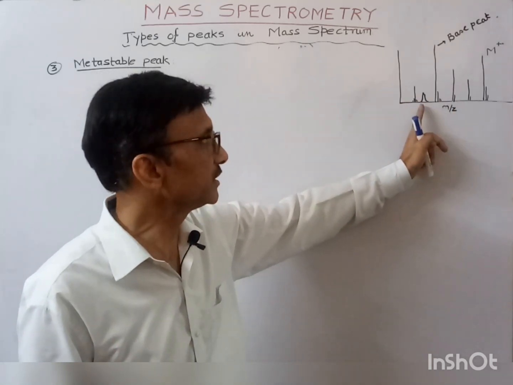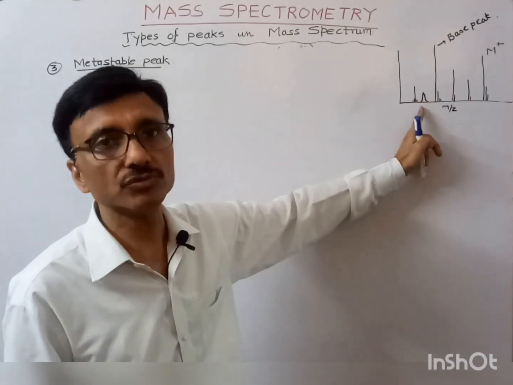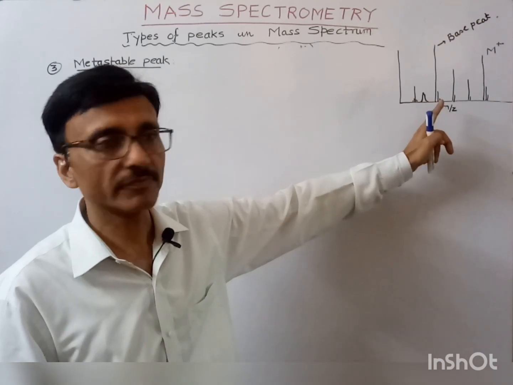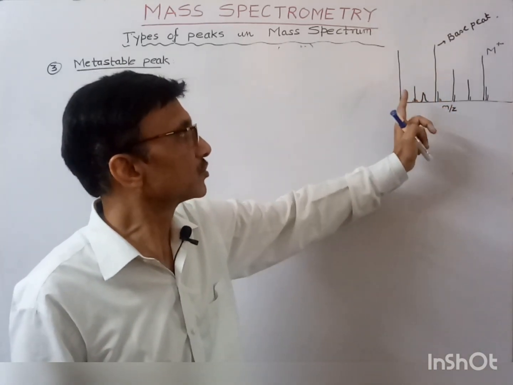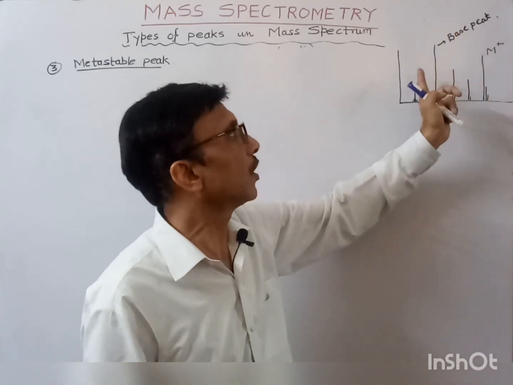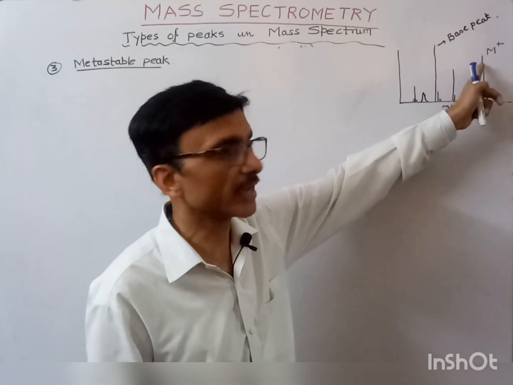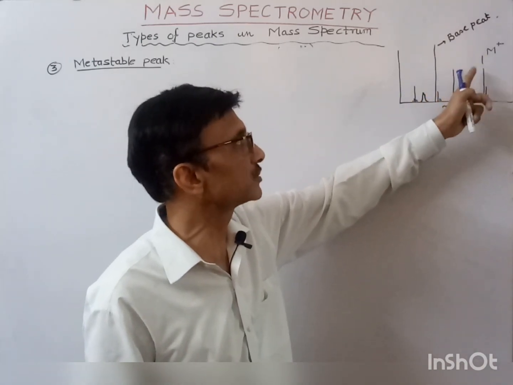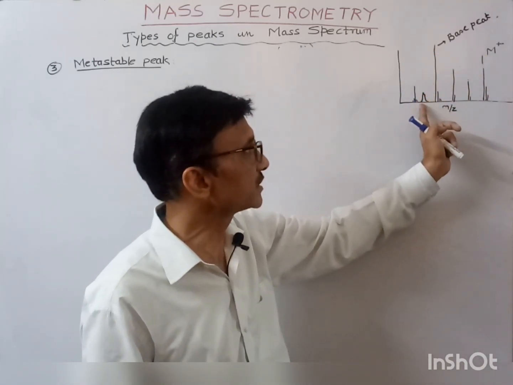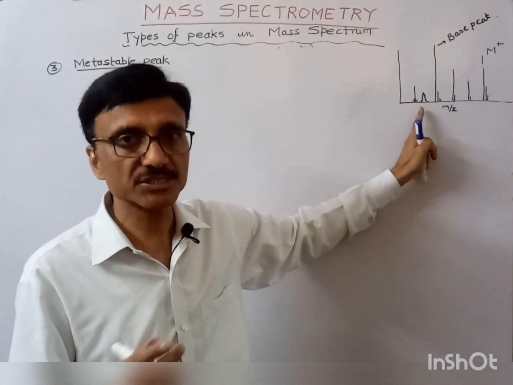Why? We can see that this metastable peak is quite broad, quite diffused in comparison to these sharp peaks. So this is the molecular ion peak, this is the base peak, and these are the fragments of this molecular ion. This is also a fragment, but it is in the form of a metastable peak.